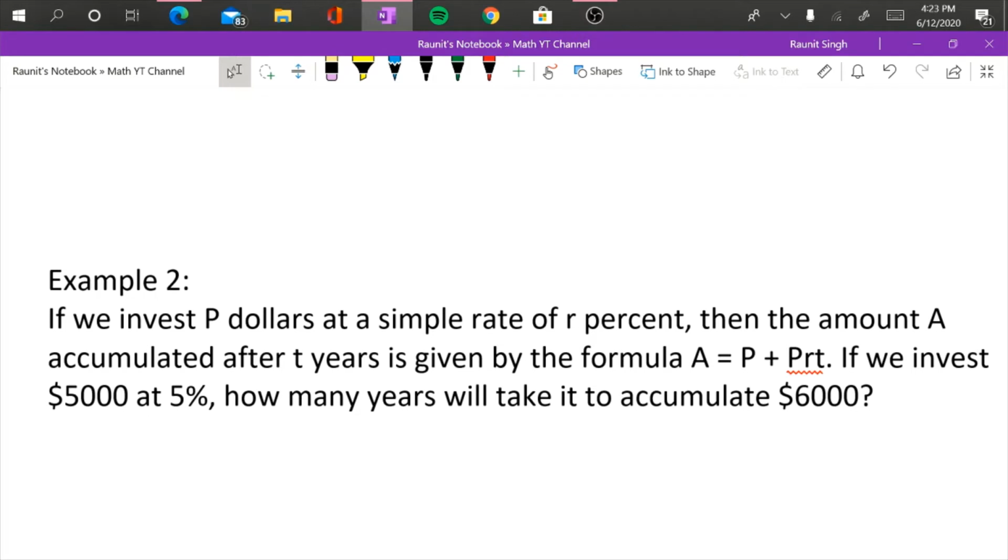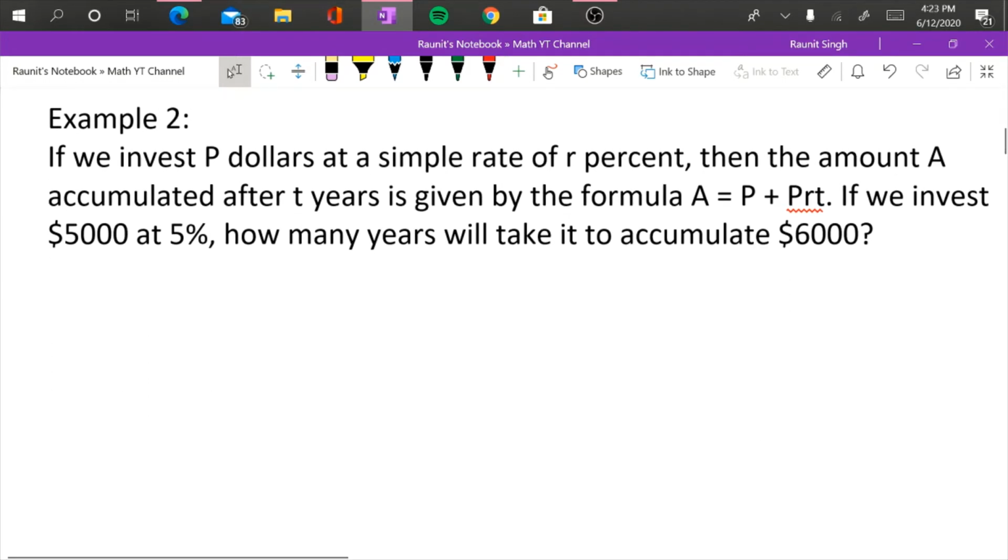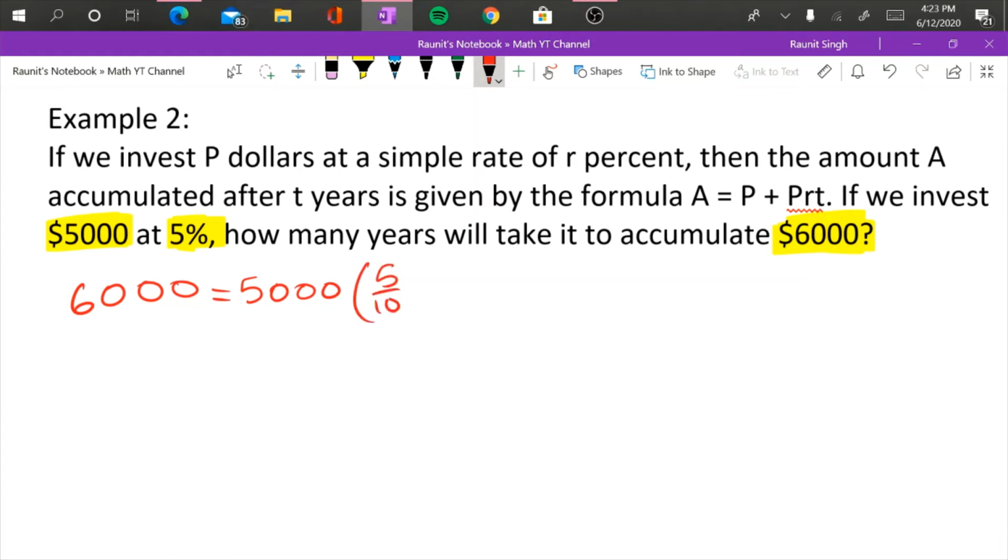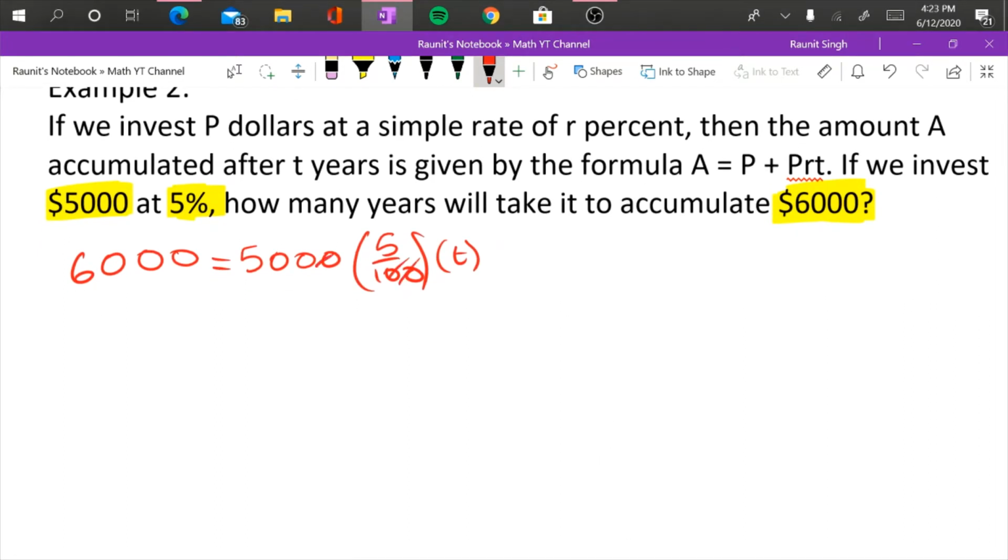So, we have the amount accumulated. So we know what we want. We want $6,000. Our principal is $5,000. And our rate is 5%. We just have to figure out T. So we have 6,000 equals 5,000 times 5 over 100, which is the rate, and then times T. So we're going to cancel out the zeros like we did last time.